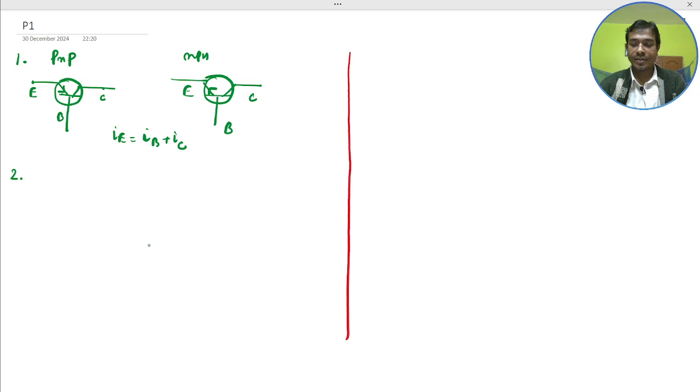So next one, the PNP transistor as an amplifier. So transistors as an amplifier, that we just now start here. I just discuss a figure for a better understanding.